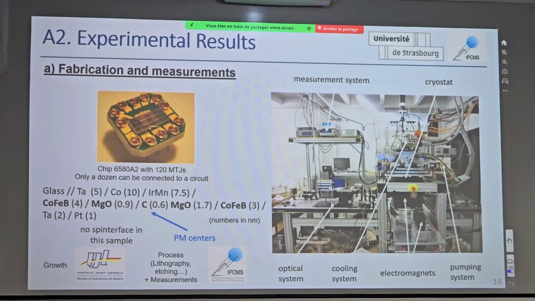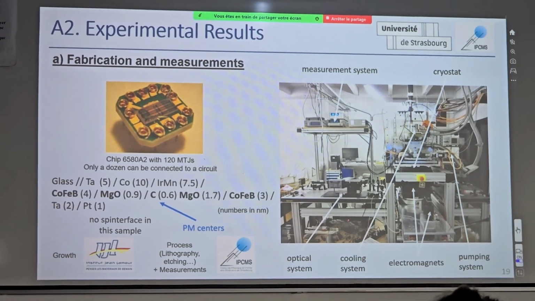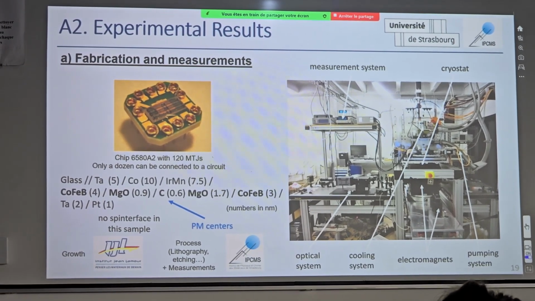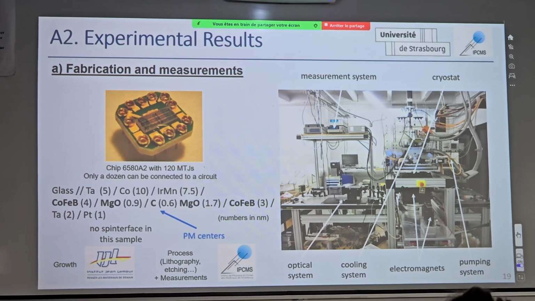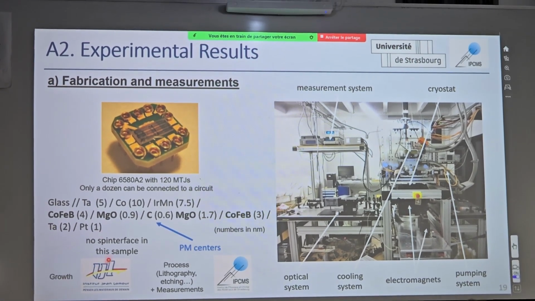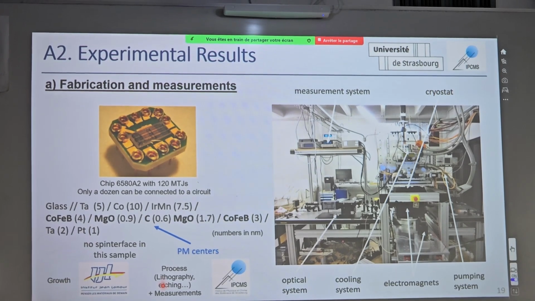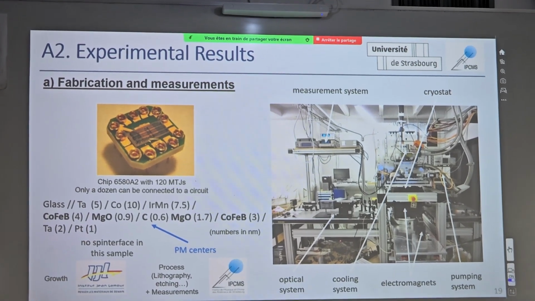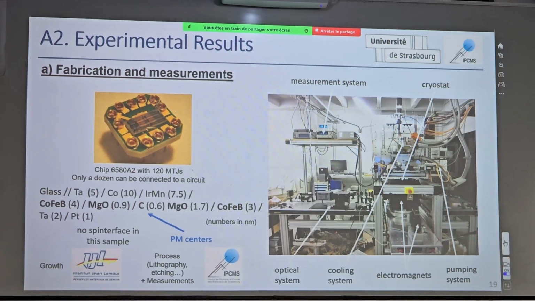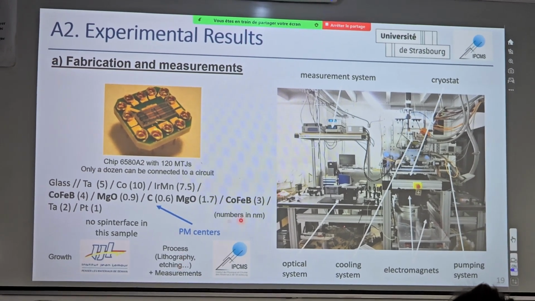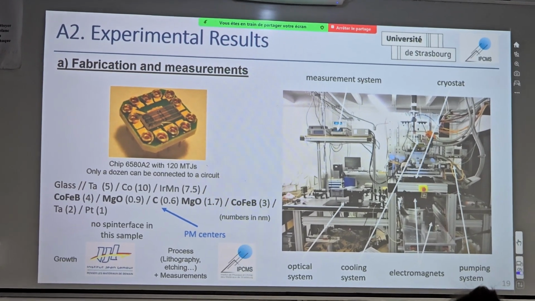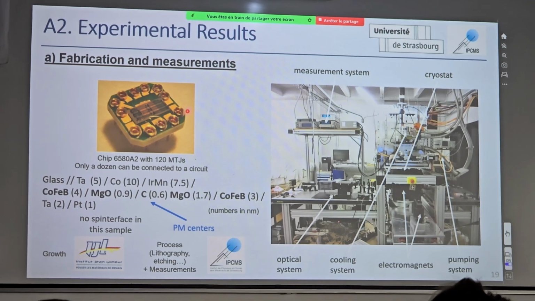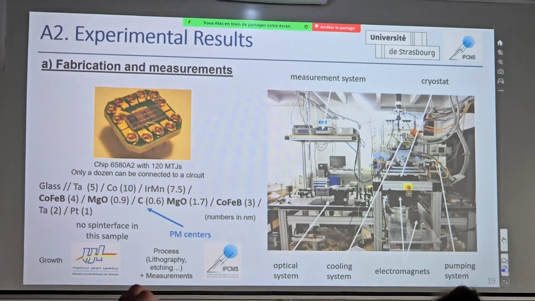So my experimental work consisted first in processing the junctions. I worked on the oxide implementation. I received the grown stack from Nancy, and then I applied lithography, etching, and depositions in order to build the stacks, which you can see on this chip that in the end contained 120 of these junctions.